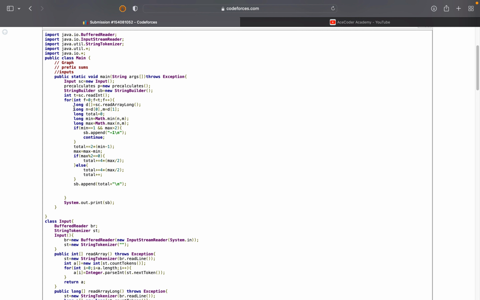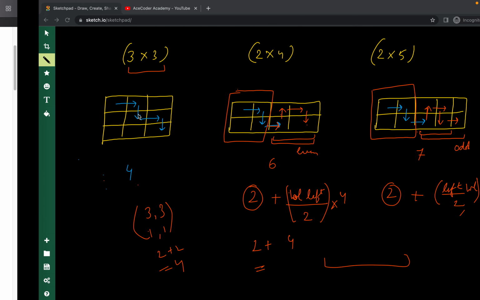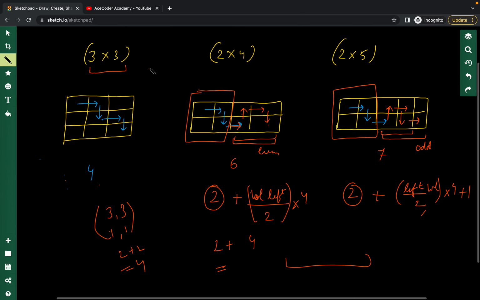So firstly I took the input for n and m, and then I created the total variable which stores the total number of moves, and then I created min and max variables which store basically the minimum out of n and m and the maximum out of n and m. The reason why I did minimum and max is because, if it is given like a 3 cross 5 matrix, firstly I need to know what are the minimum number of rows and columns that I need to iterate upon, which is basically 3 cross 3.